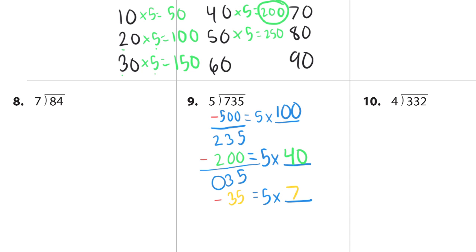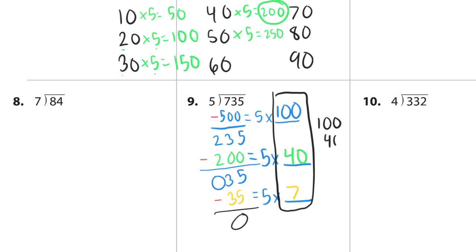And when I subtract, I get 0. But I'm not done, because my answer involves me adding numbers together. I need to add all of these numbers together. So I can say 100 plus 40 plus 7. My answer is 147. So 735 divided by 5 equals 147.